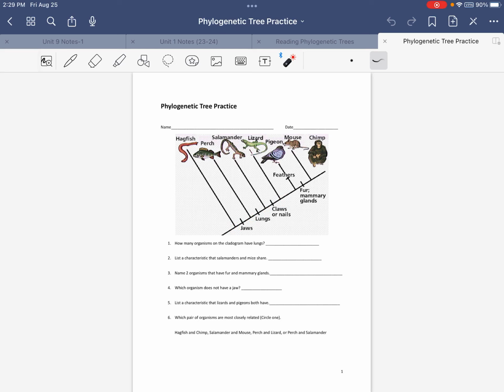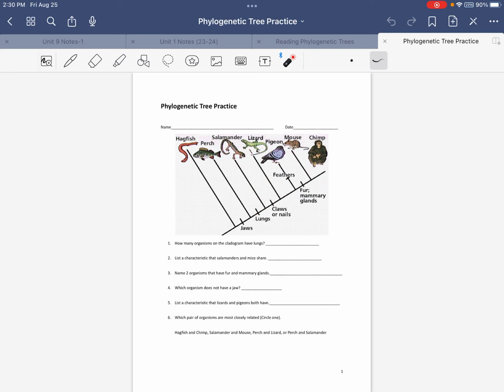And as we move this direction, we see the evolution of these different traits. So lungs evolve right around here, which means everyone downstream also inherited lungs, right? So like this. And I think that's the first question there. How many organisms on the cladogram have lungs? Well, we can see 1, 2, 3, 4, 5, because everything downstream from our lungs also inherited that trait, right?